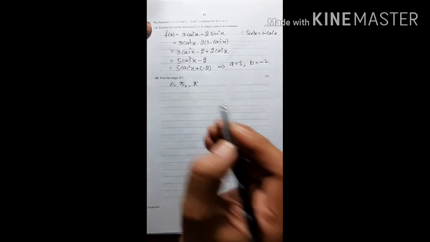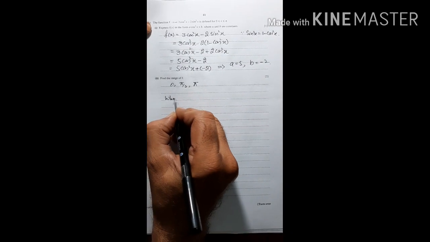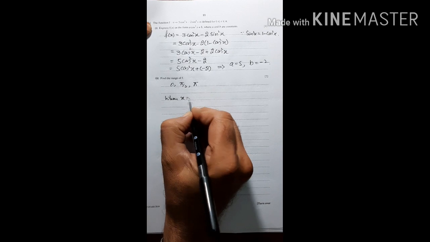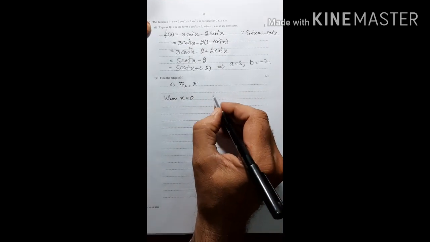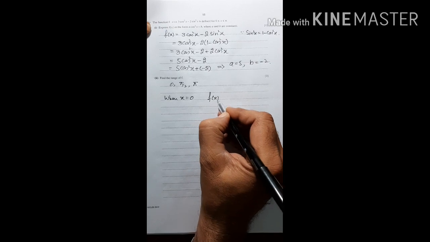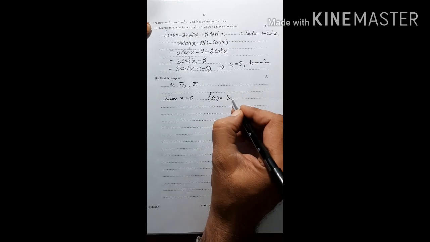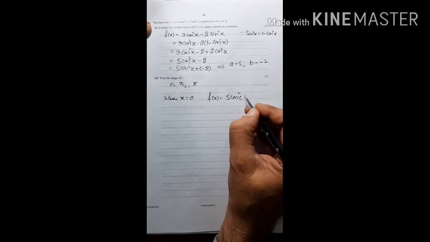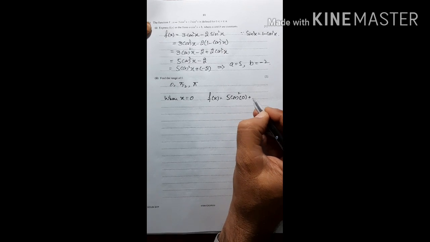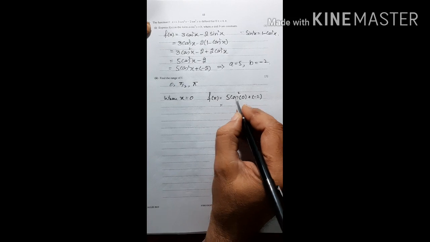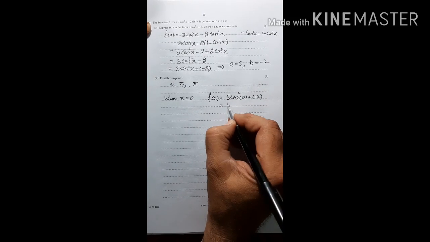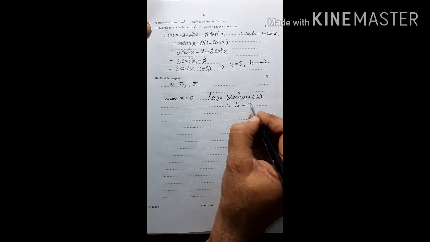When x is equal to 0, your f(x) is 5 cos square 0 plus minus 2, and you know cos 0 is 1, so 5 minus 2, which is 3.